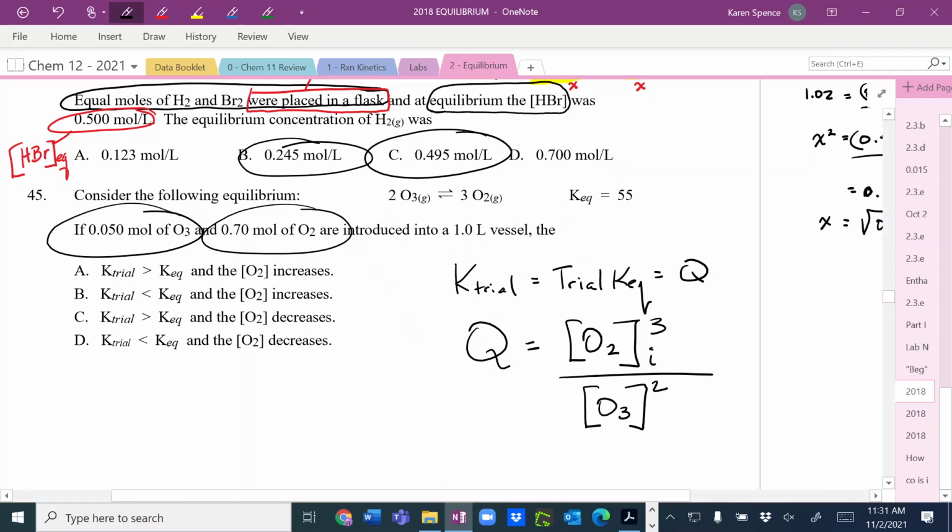Those are our initial quantities, and so we're going to use these ones that are introduced into a flask. It's in a 1 liter vessel, so the moles are the same as the molarity, right? Because it's just moles divided by 1 liter.